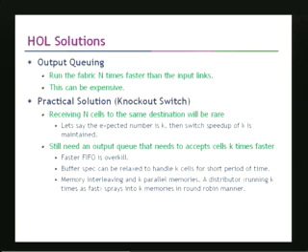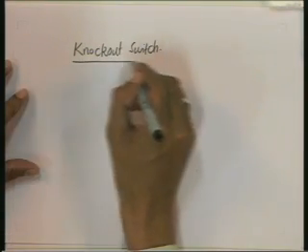Now, there is one practical solution that has been proposed in the literature to avoid this head of the line blocking, and the earliest approach is what is called the knockout switch. Okay.